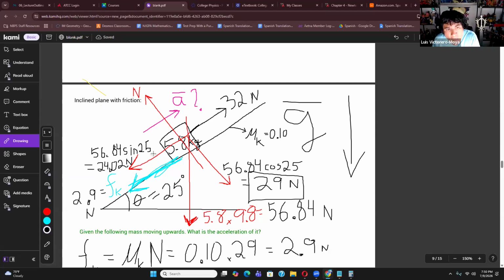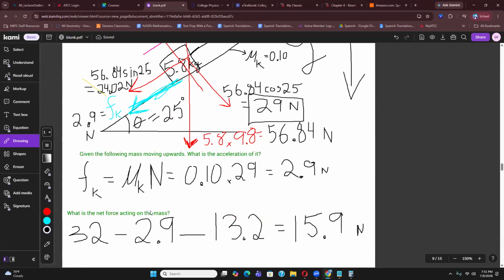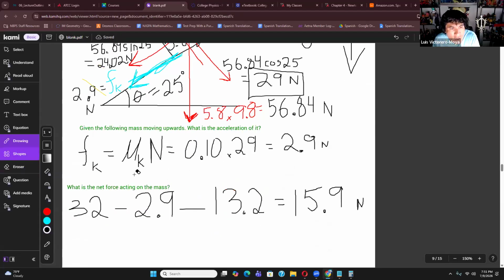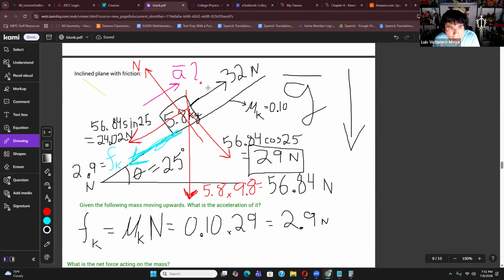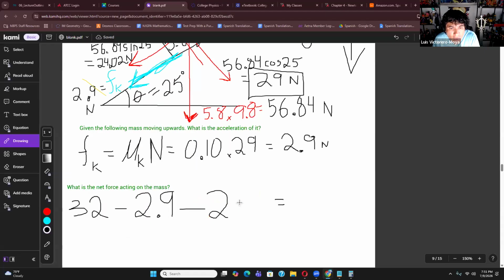That's the component of the weight dragging the body downwards. So this one has to change. So 32 minus 2.9 minus 24.02.